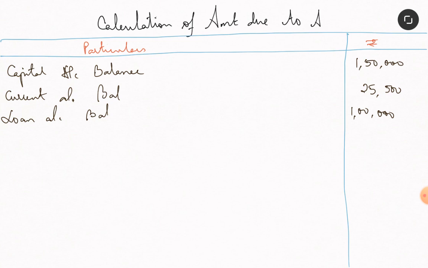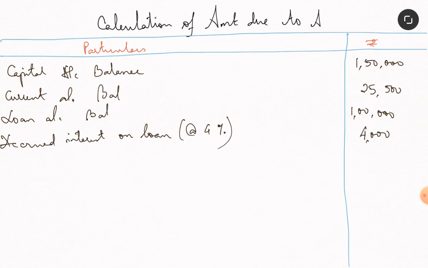So interest accrued on loan. The interest accrued is at the rate of 4%, as we have already seen, and it comes to rupees 4,000.